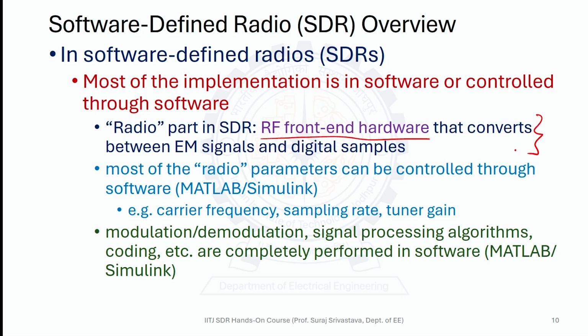Tomorrow you want to work on the same SDR for an LTE system, you can implement an LTE system, because many of the software parts, for example, modulation, coding, signal processing algorithms, are completely implemented in software. There is nothing hard coded in these components. This is the advantage of software defined radio.